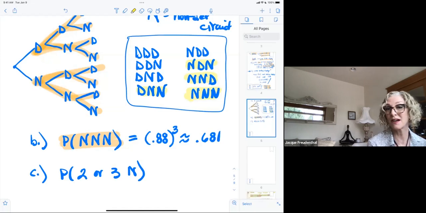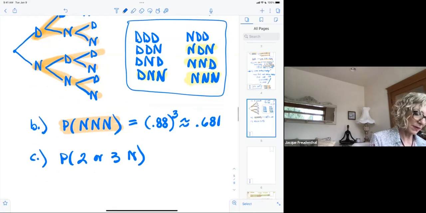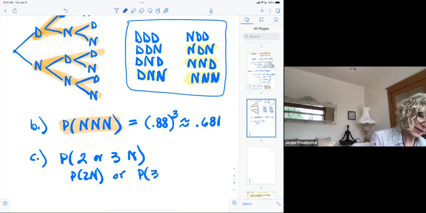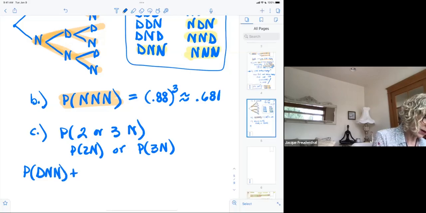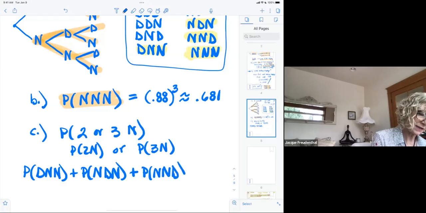The other ones only have 1 not defective or none that are not defective. So the probability that 2 or 3 means the probability of 2 that are not defective, or the probability that 3 are not defective. So the probability that 2 are not defective is going to be the case where we have DNN or NDN or NND.